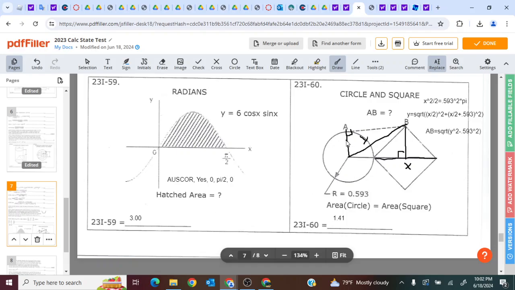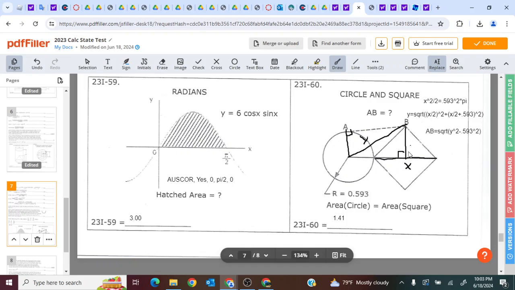Okay, 60. The area of the circle is equal to the area of the square. We can use that to figure out the length of the diagonal of the square. The area of a square is equal to the diagonal squared over 2. So set that equal to the area of the circle as shown here. Solve for x. And once you have that, you can figure out this y value by using the Pythagorean theorem.